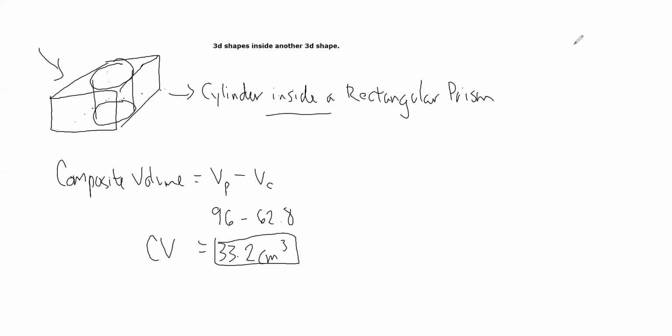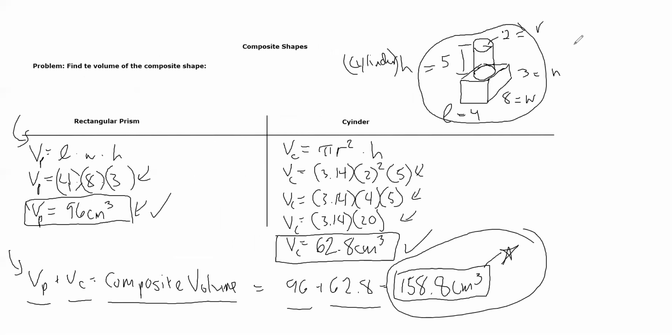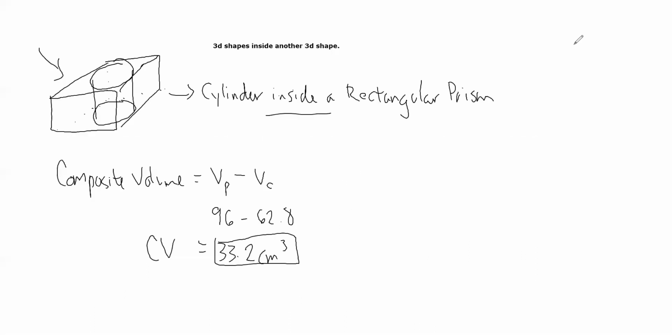And the key is inside, because if I ask you, hey, can you find the volume of this wooden block that I drilled a hole into, it's not going to be the same as this. I'm going to use the same process. I'm still going to find the volume of the prism, and the volume of the cylinder, but at the end, I'm going to make one small change to reflect reality.